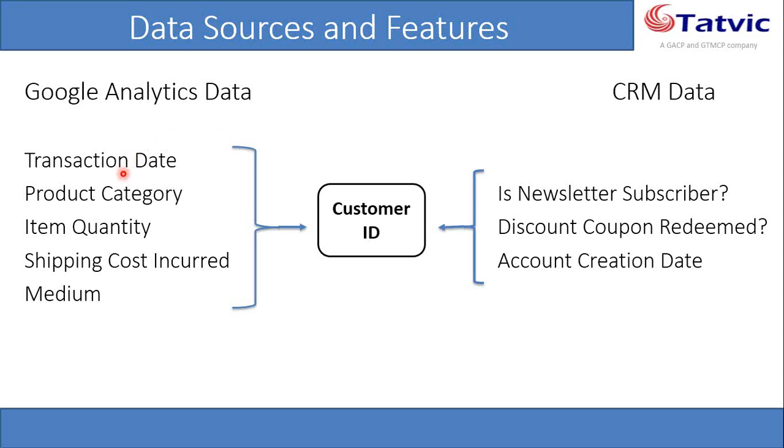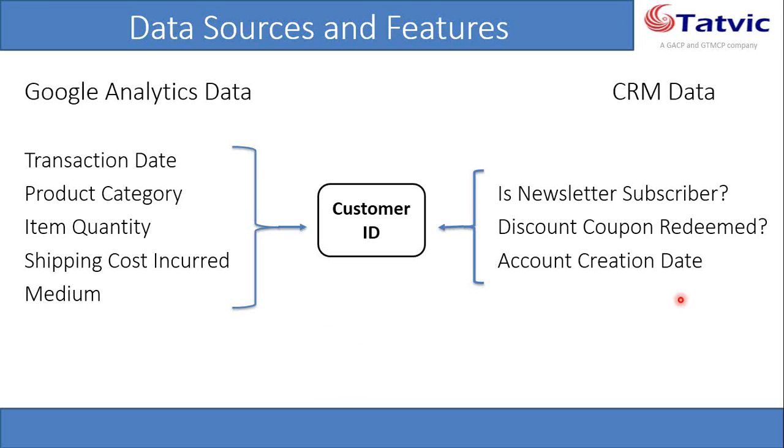Google Analytics would tell us the date of the transaction, the product category bought by a particular customer, how many items he purchased, whether a shipping cost was incurred in the transaction or not, and a very important variable: the medium through which the customer was acquired on this particular website.